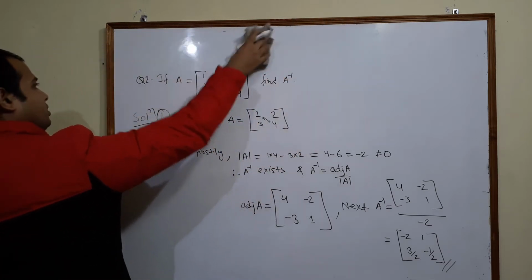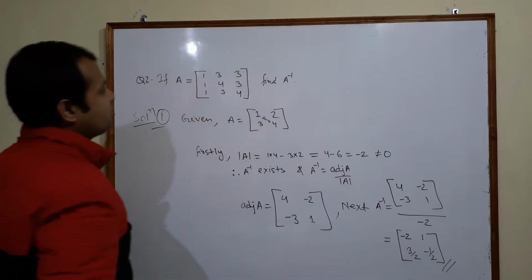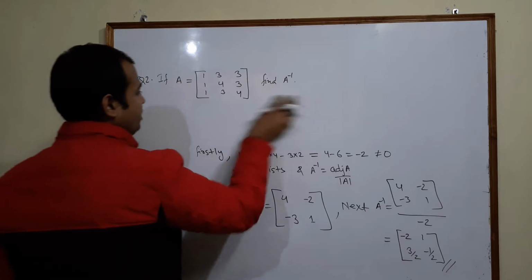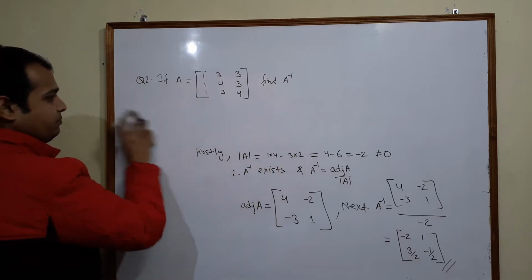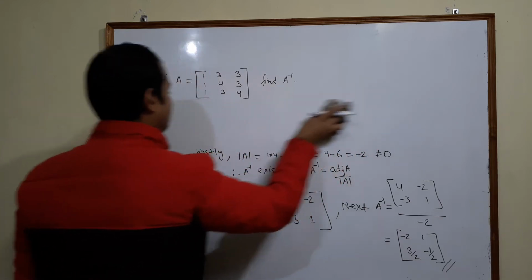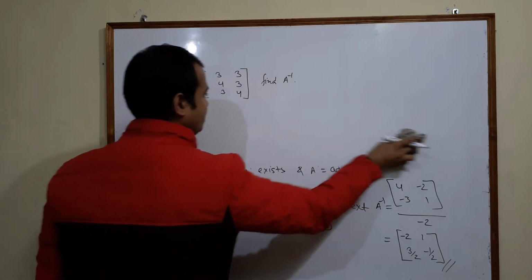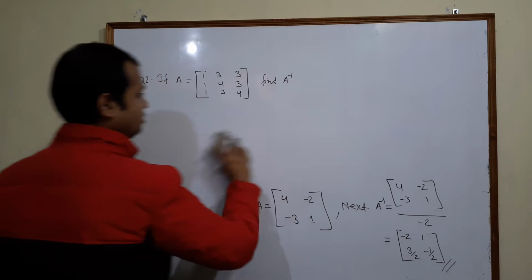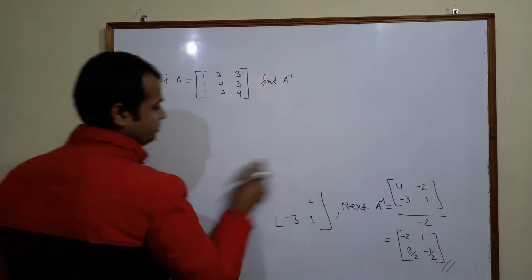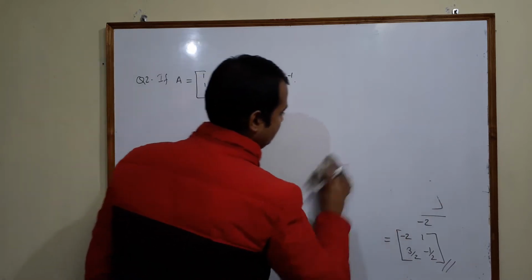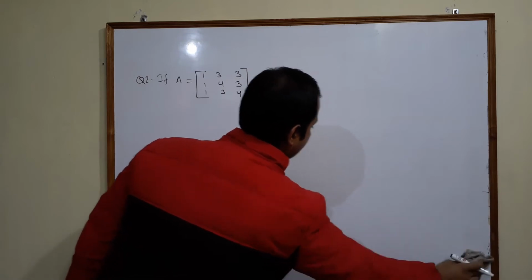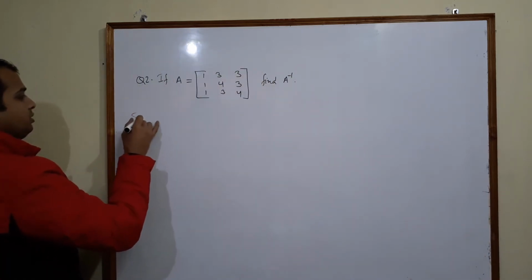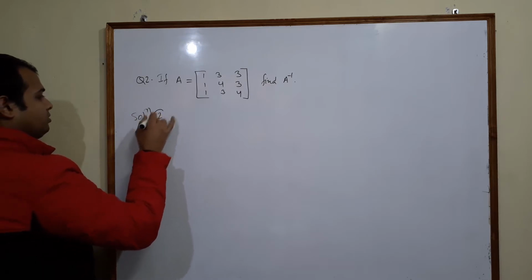So for the next question we have to follow the same procedure. Firstly we got to find the determinant. Okay, and if the determinant comes non-zero, then the matrix will have an inverse, otherwise no inverse. Okay, so solution, this is for 2.